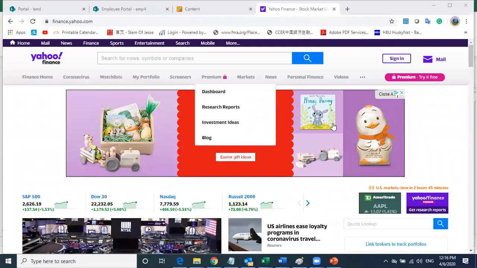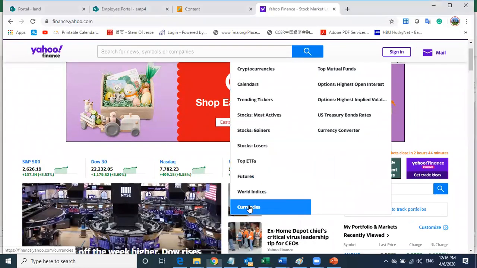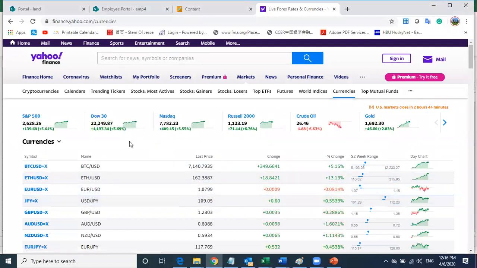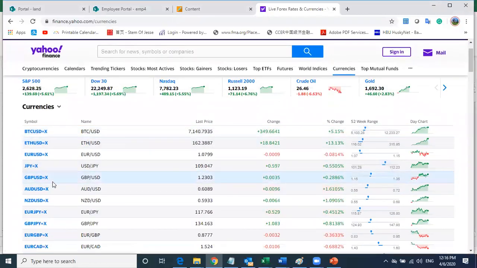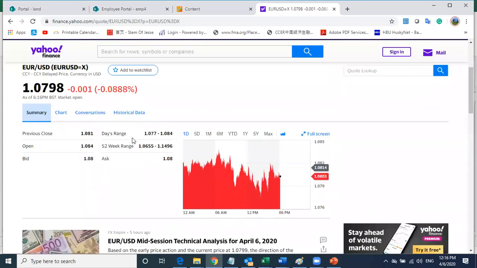Let's say in the market, we go to currency. I choose euro, and then we click on historical data.